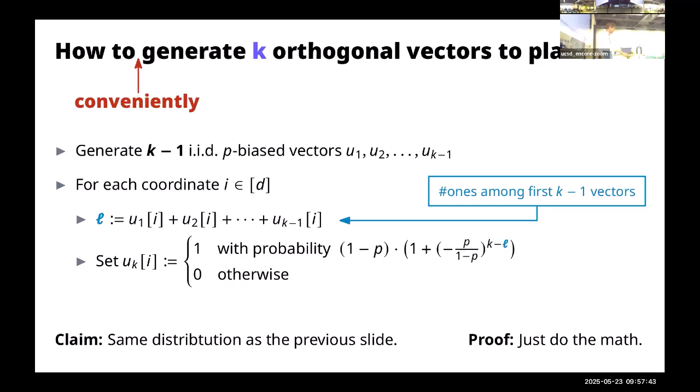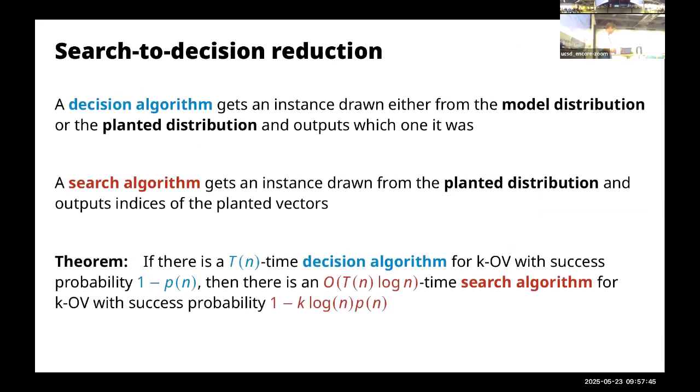So let me move to the application. A place where it's useful is it allows us to show a search to decision reduction. By decision problem, I mean that I give you an instance and I promise you that it's either the instance from my planted distribution, or I skip the last step of planting and it's the model distribution, and your goal is to distinguish which of the two it is.